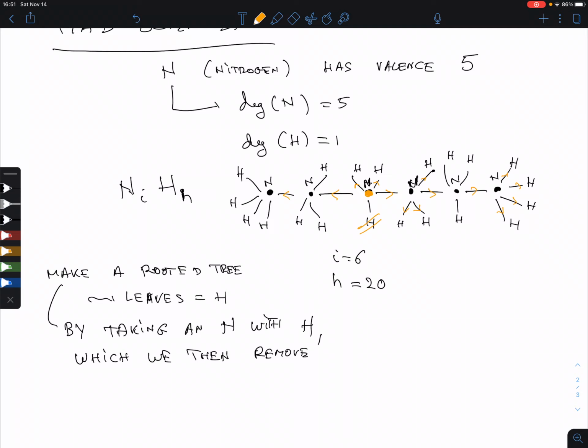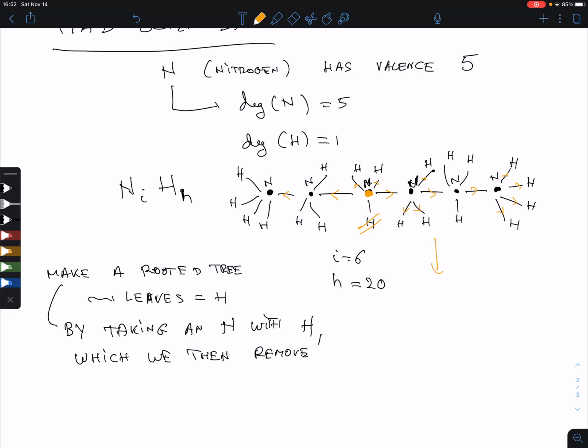Looking at the next one here, for instance, what is the number of children that it has? Well, 1, 2, 3, 4, because its degree is 5 and it has one parent. Same here, same there. So all the N's, including the root, are internal and have 4 children. That means we have a 4-ary tree.